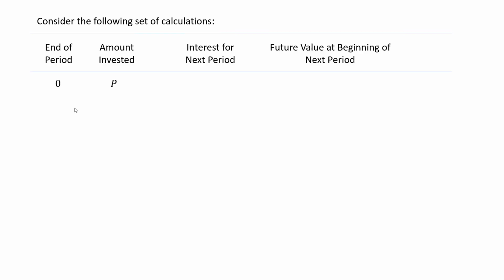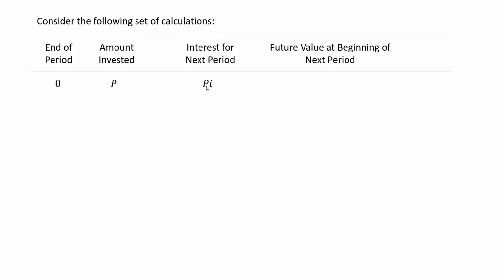All right. Now, if we invest amount P at the end of period 0 or beginning of period 1, and a whole year elapses, what is the amount of interest this P would have accumulated, incurred, accrued? Accrued is a word. Yeah. P times I, right? You take the principal, multiply by the interest rate for that period, and you get the total amount.